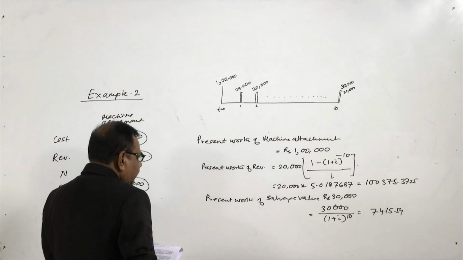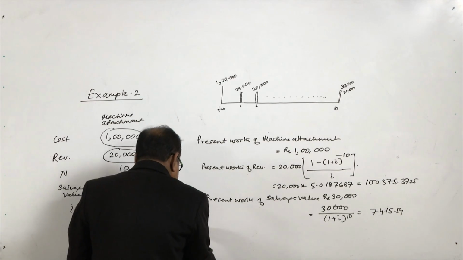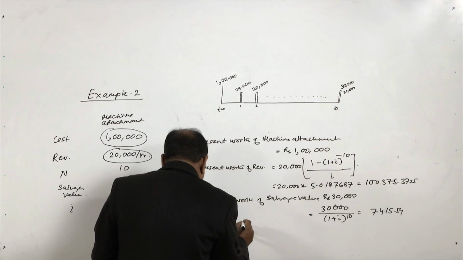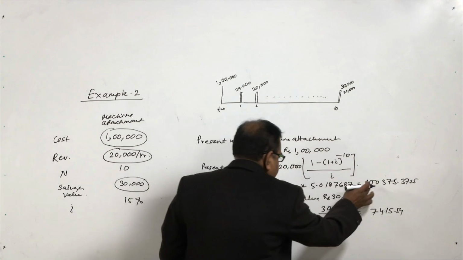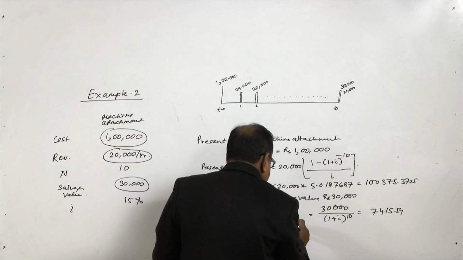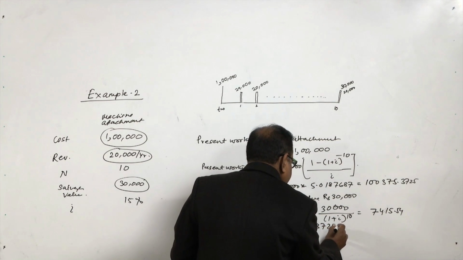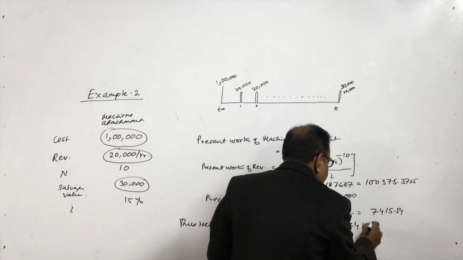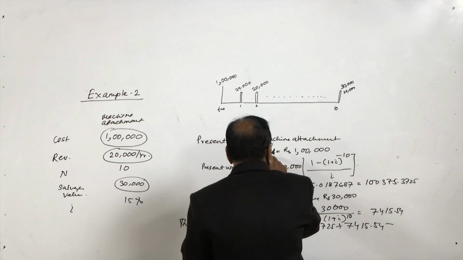So, thus the net present value is what I am getting, this plus this: 100,375.3725 plus 7415.54, and what I am spending is this.